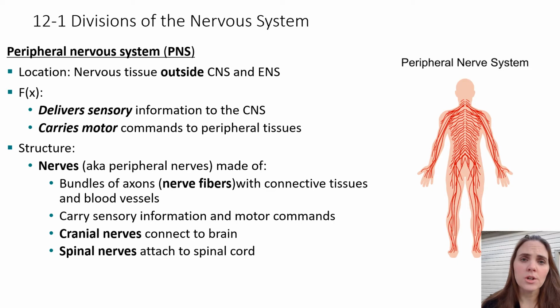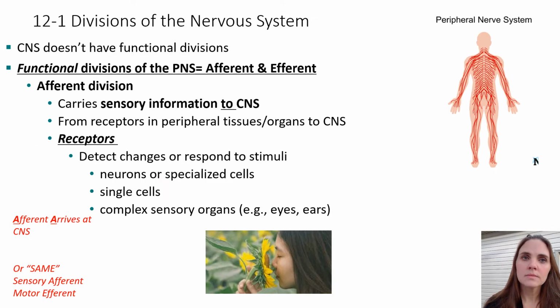So those nerves are going to carry sensory information in, send motor commands out, and we also have cranial nerves that are connected to the brain itself, and spinal nerves that attach to the spinal cord. When we talk about functional divisions, the central nervous system is not divided into functional divisions, but the peripheral nervous system is.